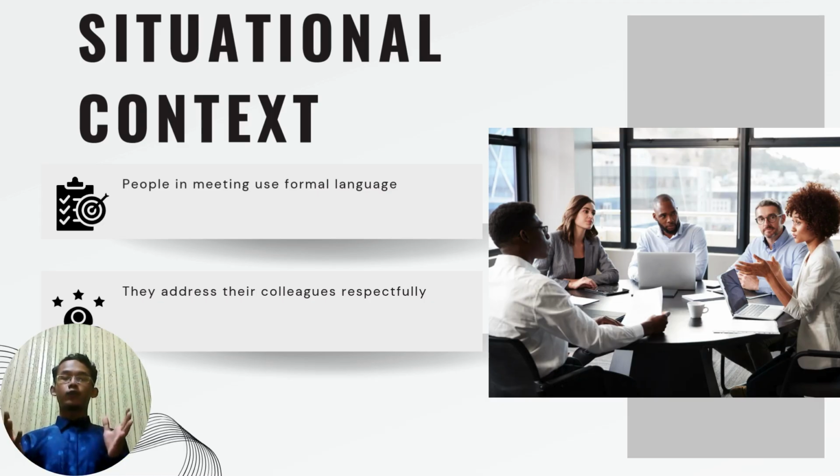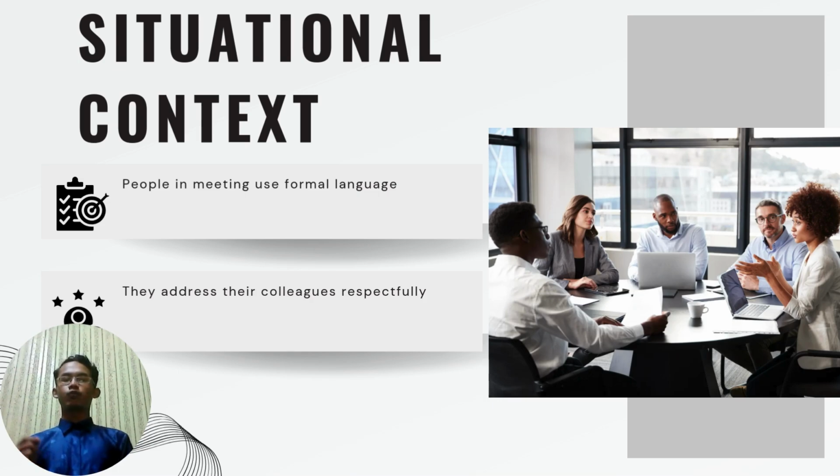The first one, we go to the situational context. Situational context is the immediate circumstances regarding or surrounding an act of communication. It includes the physical settings, the time, and the participants involved, influencing how they speak, how they use the language, and how they interpret it.